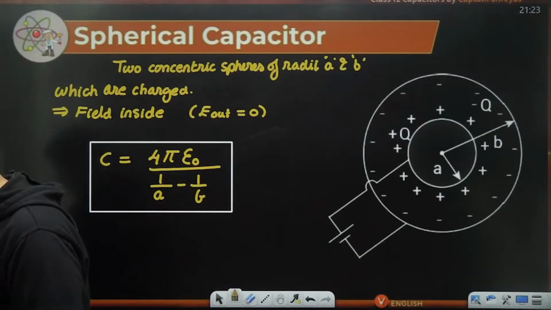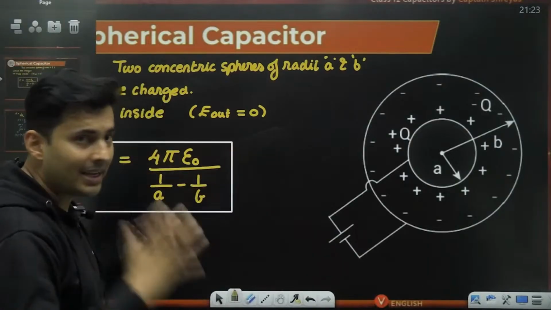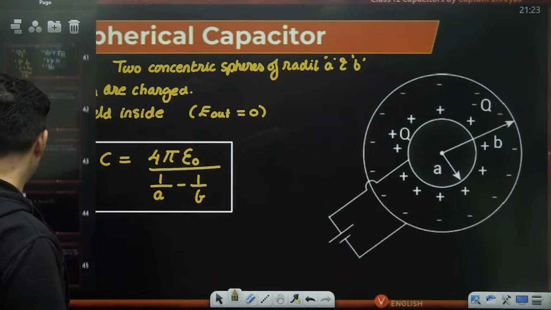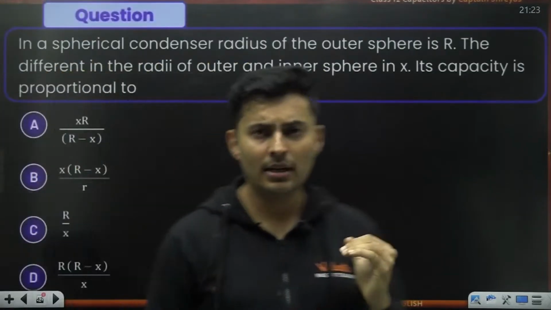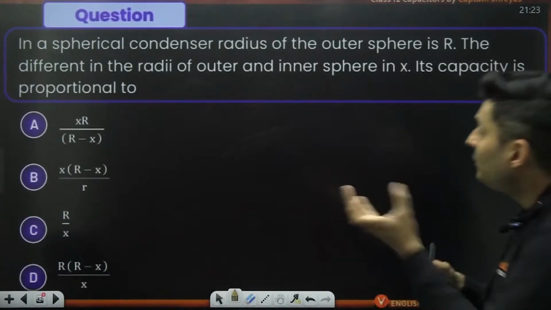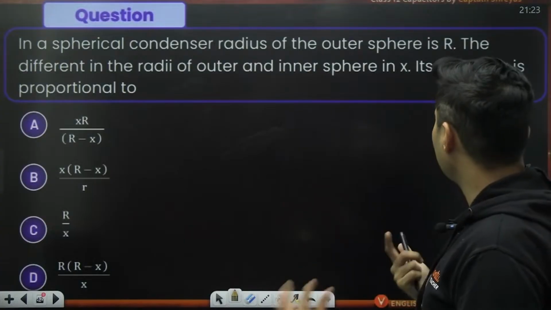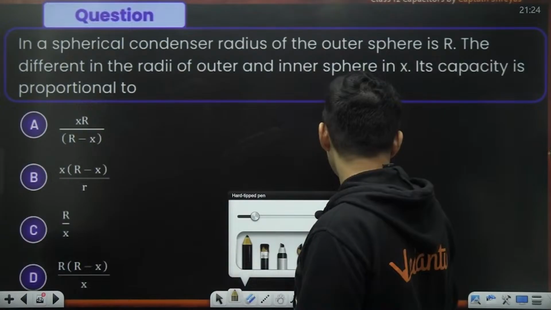Clear? Okay. Now, this is a spherical type of capacitor. We can just see a question on it. In a spherical capacitor, if the radius of outer sphere is R, the difference in the radii of outer and inner sphere is X, the capacity is proportional to. I think direct formula question.